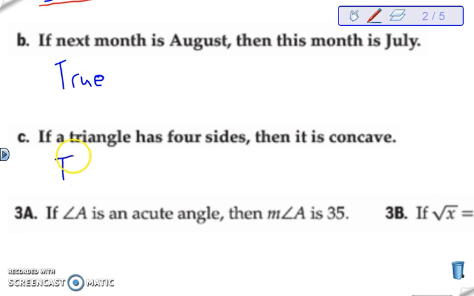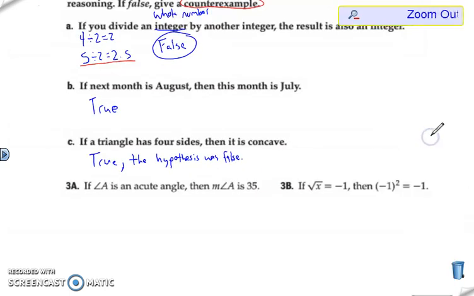Unfortunately, since I only have true and false as answers, I have to say this is true because the hypothesis was false. Again, if the hypothesis is false, you can skip the rest of it. Just put that the sentence was true and move on from there.